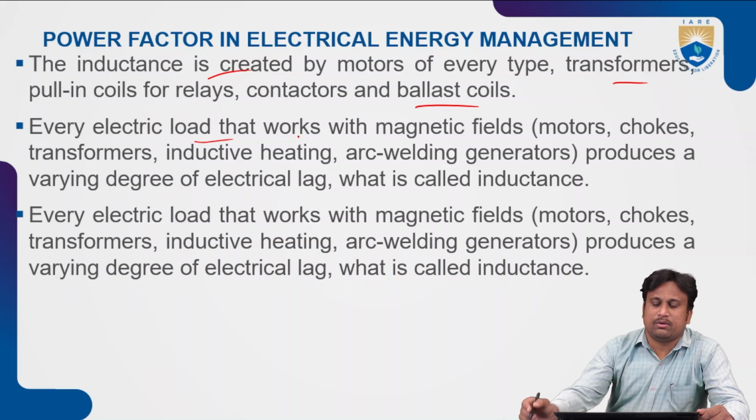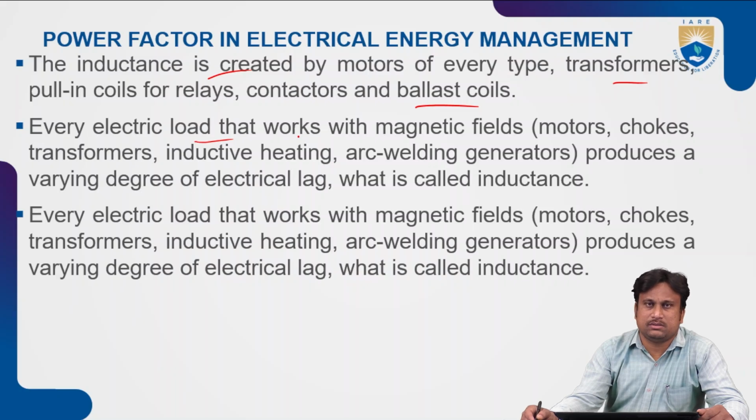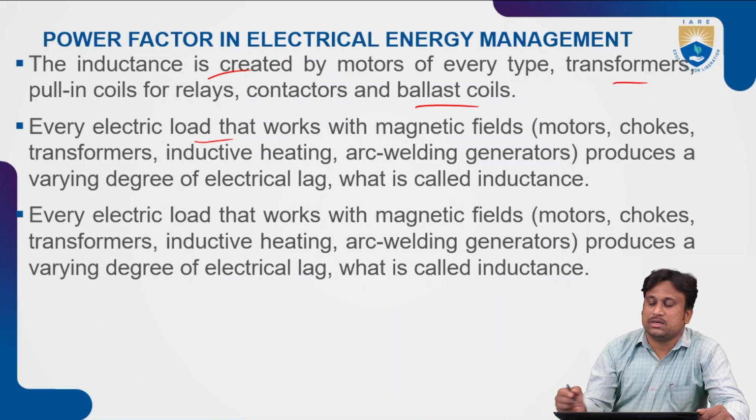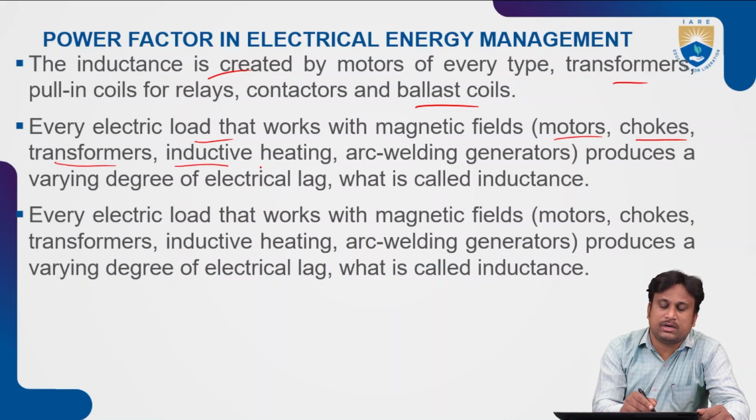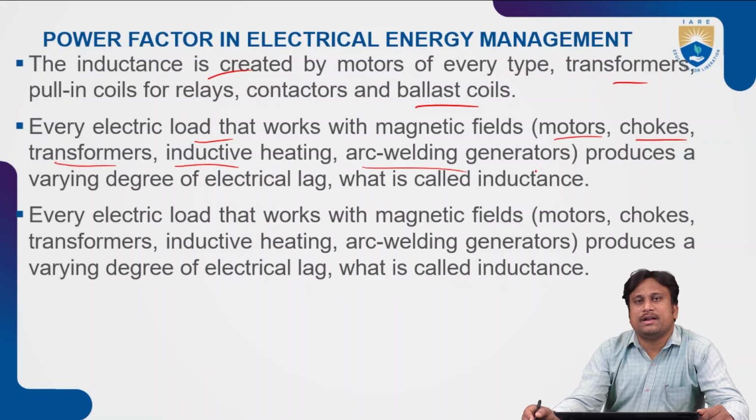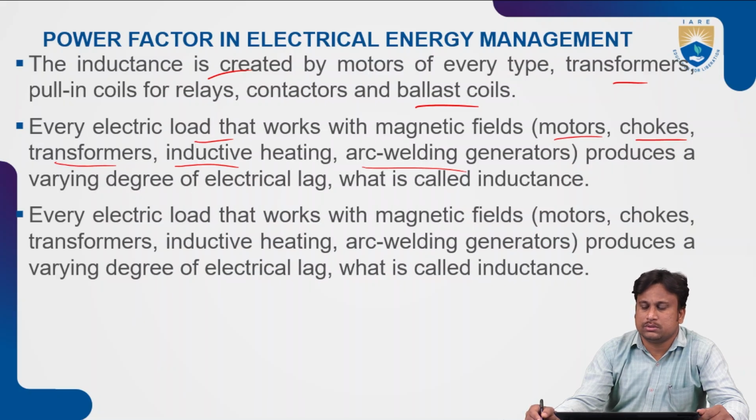Every electric load that works with magnetic fields, as we just discussed, like motors, choke coils, transformers, inductive heating elements and arc welding generators, contains inductive coils. They are inductive in nature and may be treated cumulatively as inductive loads.